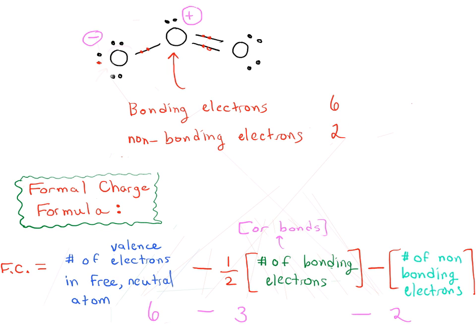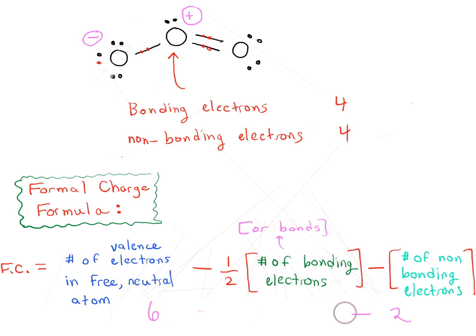Okay, and then the last example here, the last oxygen. For bonding electrons, there's a total of 4, right? There are 2 bonds, and each bond has 2 electrons. And the number of non-bonding electrons, we've got 1, 2, 3, 4. So 4 non-bonding electrons.